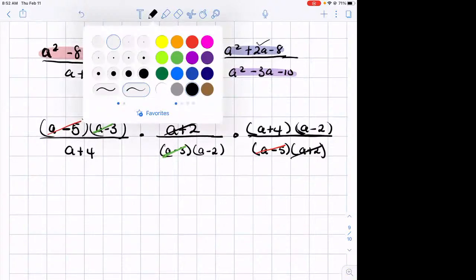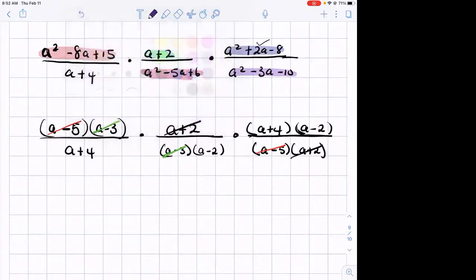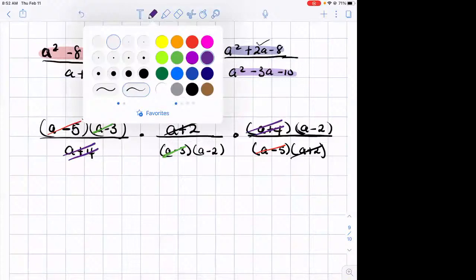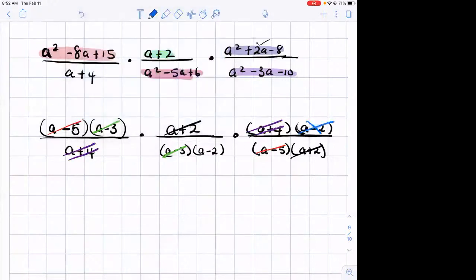Let's see what else we can cancel out here. Let's use purple. We have an a plus 4 in the top, and we can cancel an a plus 4 in the bottom. There's a lot of canceling. And then we have also an a minus 2 in the top, which can cancel with this a minus 2 in the bottom.